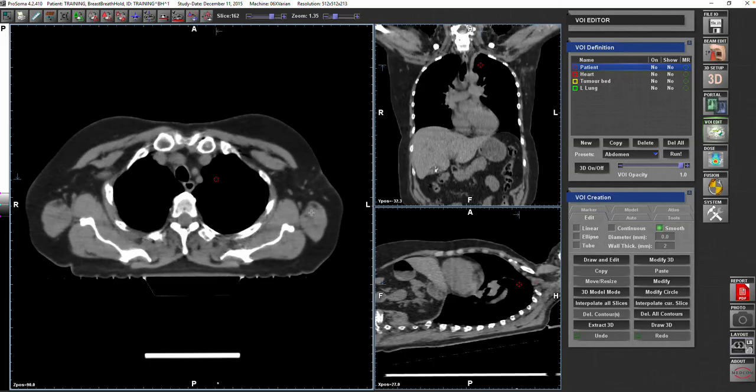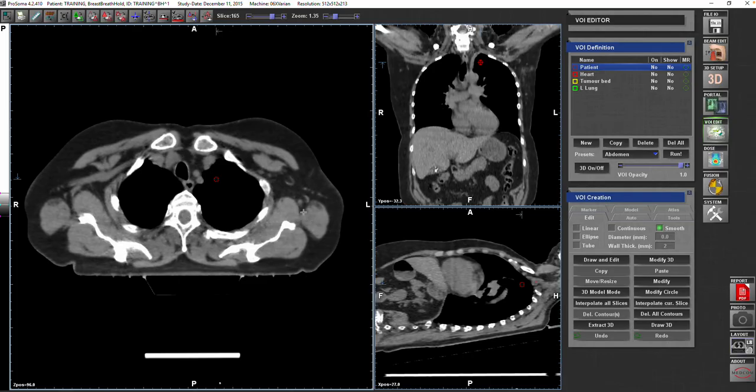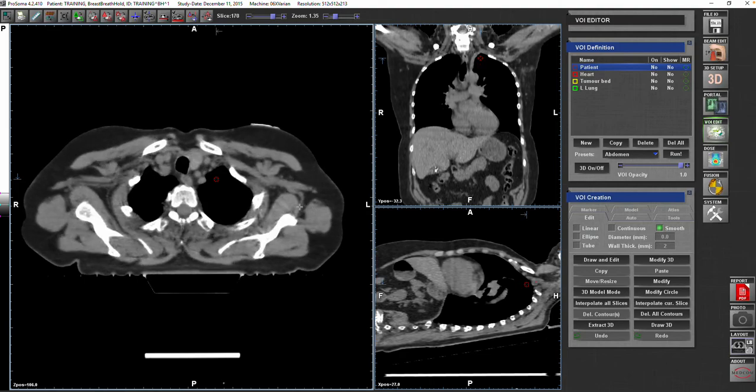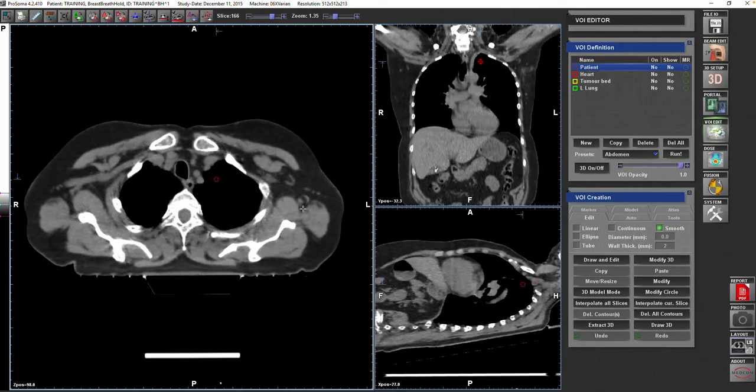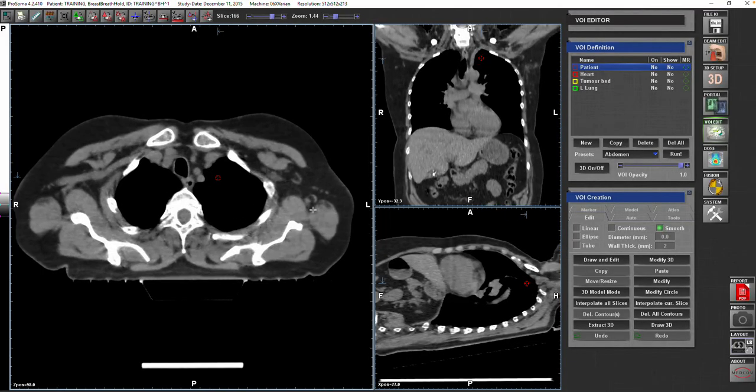Thoracodorsal vessels. If you look at the area of the latissimus dorsi muscle or teres major muscle, in between the latissimus dorsi and teres major muscle, there are some vessels in the groove. These vessels sometimes can be more posteriorly located.